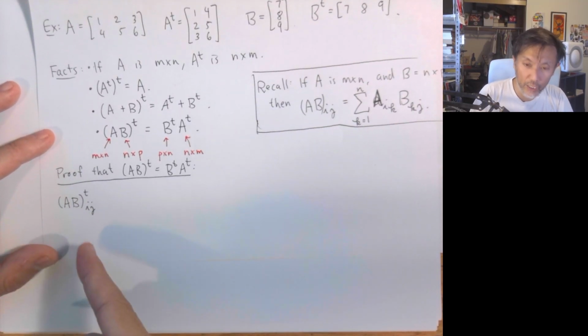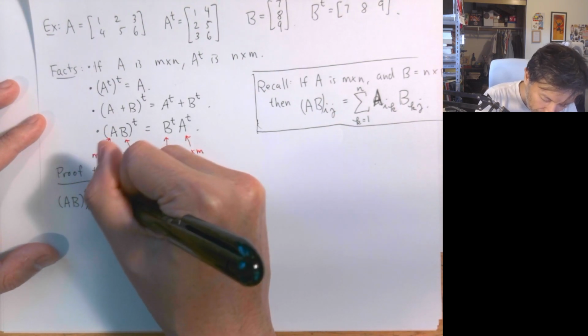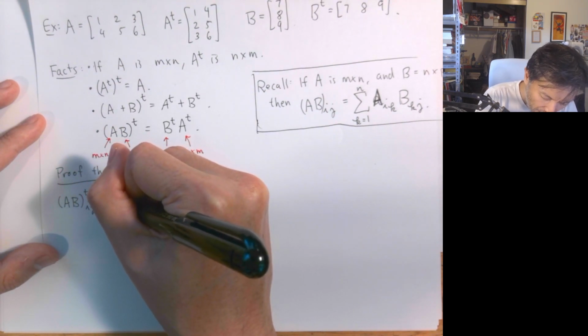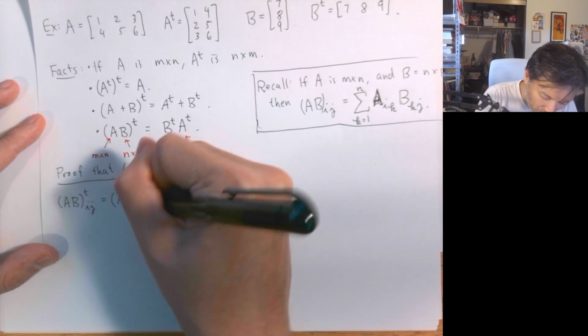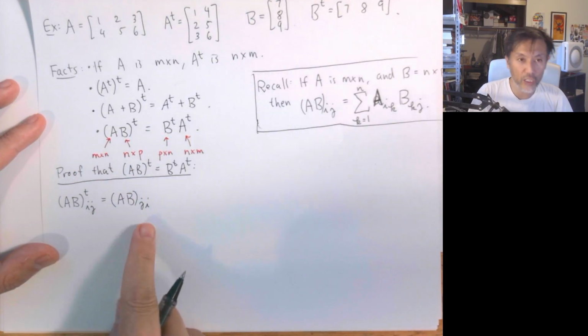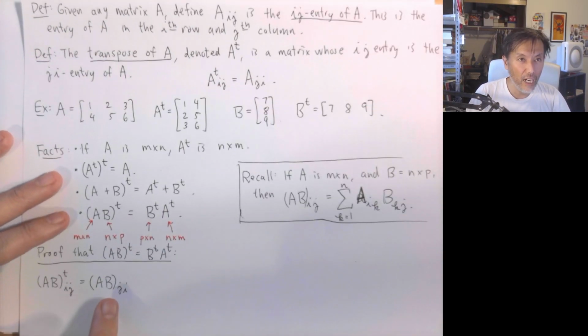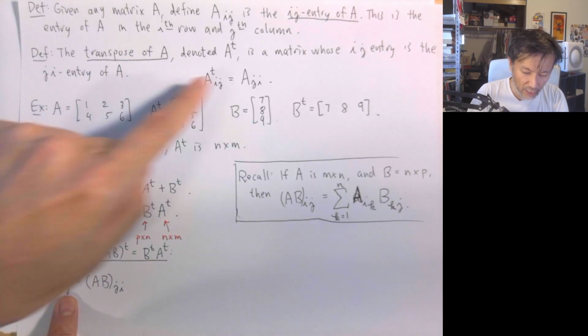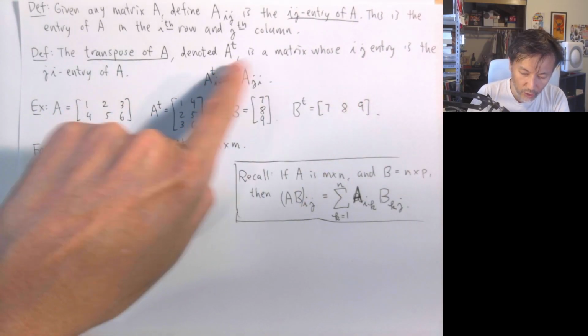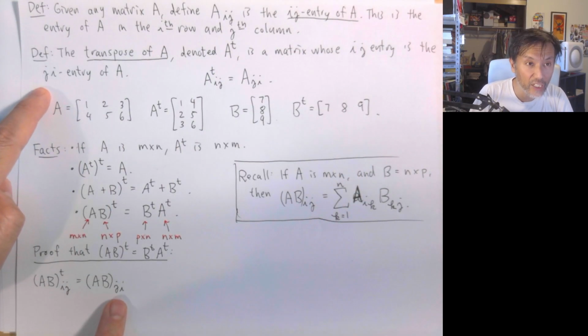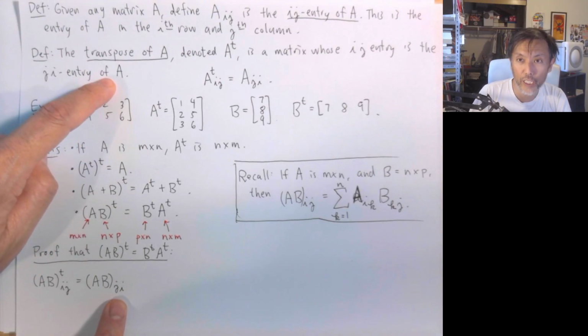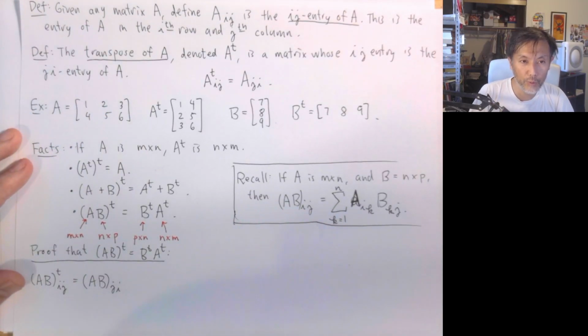Well, by definition, this is the ji entry of AB without the transpose. That's by definition of the transpose: the ij entry of A transpose is the ji entry of the non-transposed matrix.